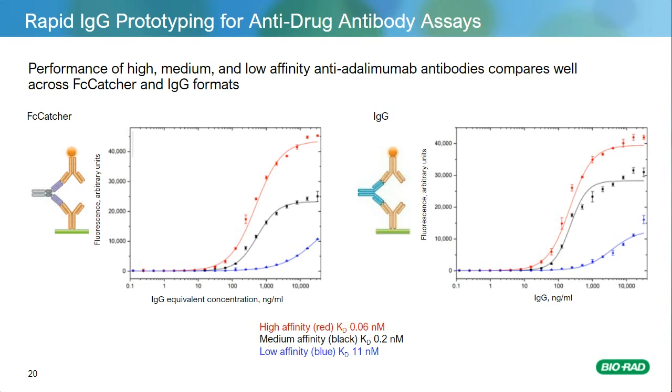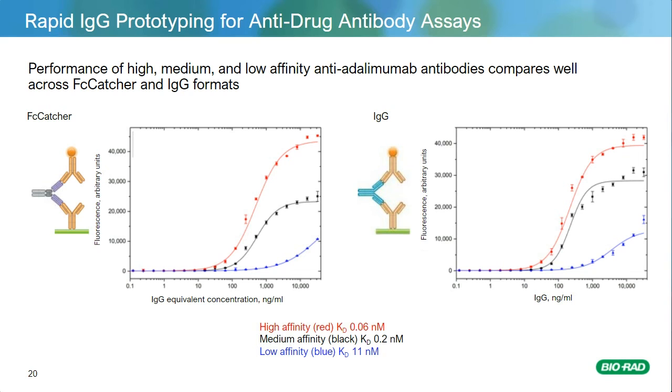So in these diagrams, the assay principle is that you have an immobilized drug shown in gold, regardless of whether it's an antibody or a different type of protein. And you also have labeled drug, and a bivalent format of an anti-drug antibody forms a bridge between the immobilized and the labeled drug, which enables the generation of a signal.